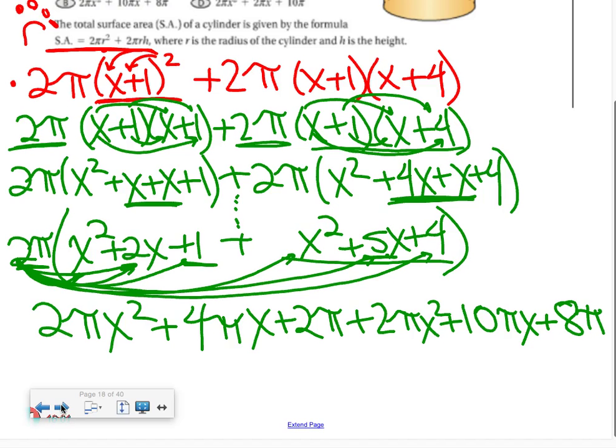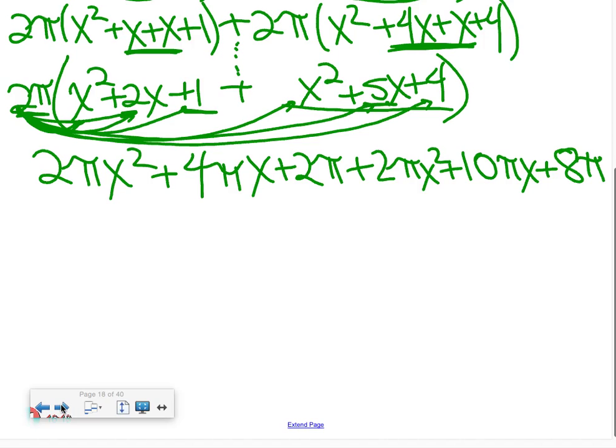Now from here, we're going to get all the like terms together. I notice that I have our 2 pi x squared. That's going to go with our other 2 pi x squared. So altogether, we are going to have 4 pi x squared. And again, we're just leaving pi. We don't want to make it a crazy number.